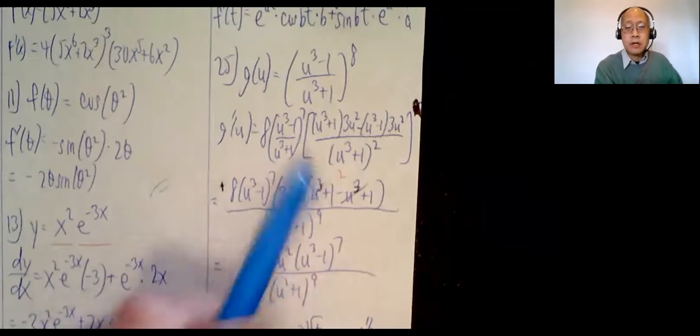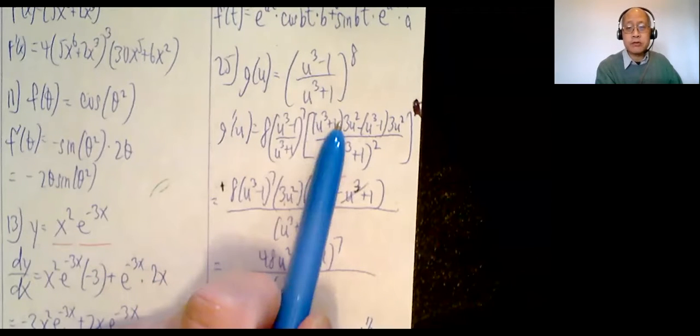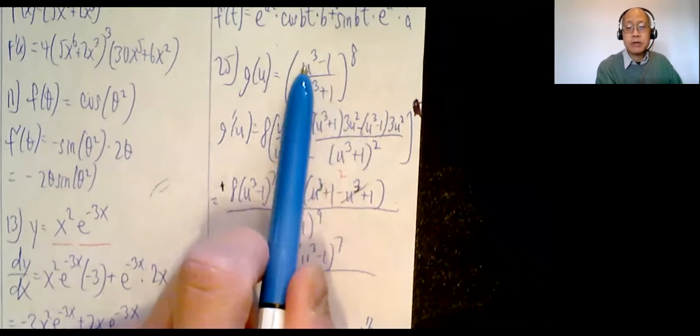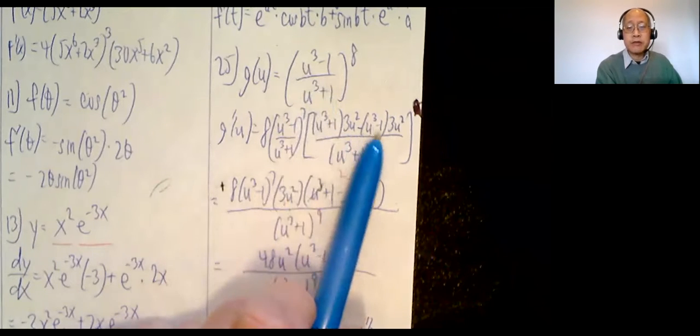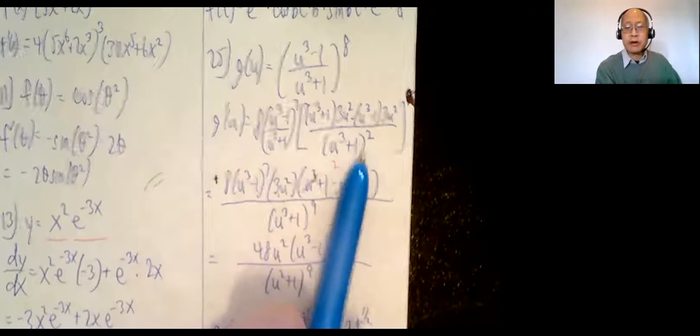So here we go. Bottom times the derivative of the top. Derivative of the top is 3u squared. Minus the top, u cubed minus 1, times the derivative of the bottom, 3u squared. All over u cubed plus 1 squared.